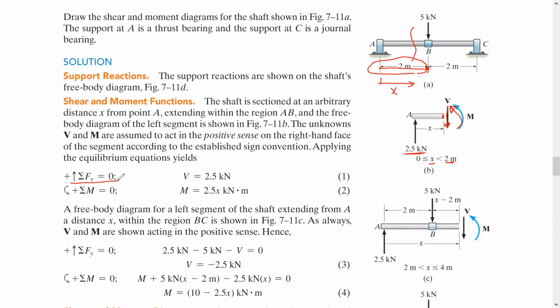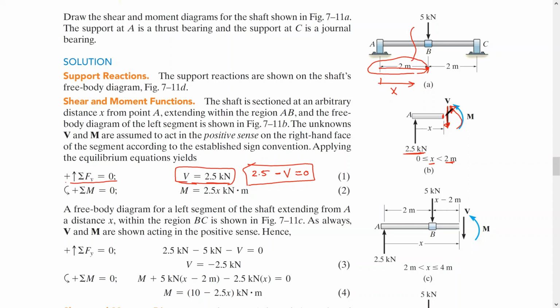So we do have AY, which is 2.5, it's upward, which is positive, minus V, which is the shear, equals 0. It's one equation with one unknown, so V here is 2.5 kilonewton.